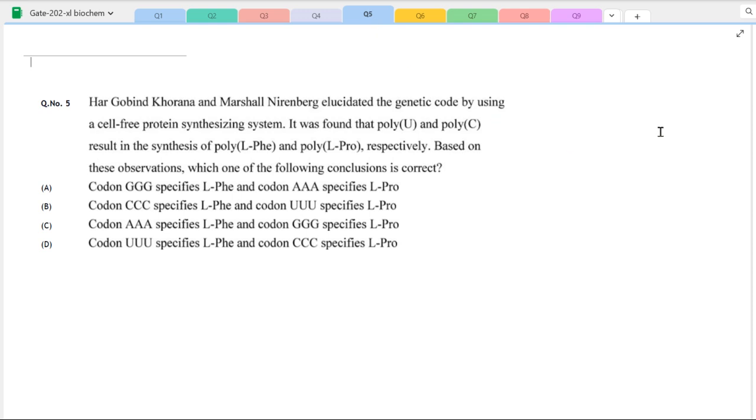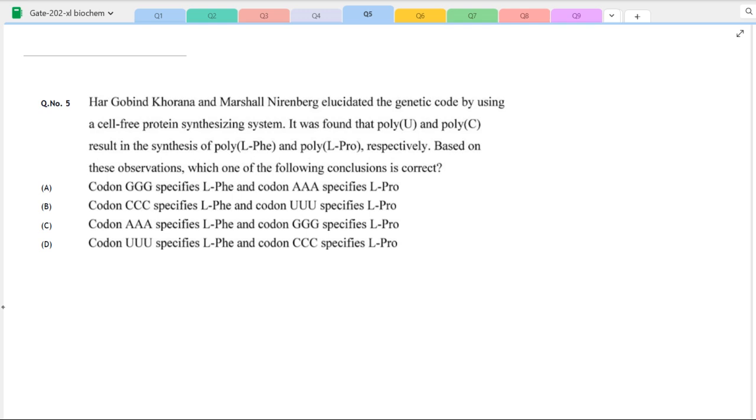Hargobind Khurana and Marshall Nirenberg elucidated the genetic code by using a cell-free protein synthesizing system. It was found that poly-U and poly-C result in the synthesis of poly-L-phenylalanine and poly-L-proline respectively. Based on these observations, which one of the following conclusions is correct? This is a very simple question if you know basic molecular biology.